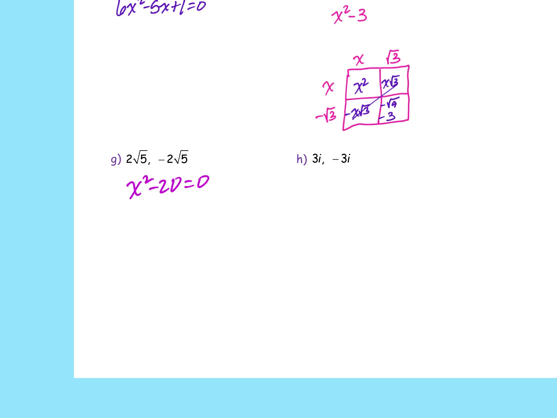Right? Okay. And then this one would be, what is this one? X squared plus 9 equals 0. And that's it. Okay. All right, time for the last section.